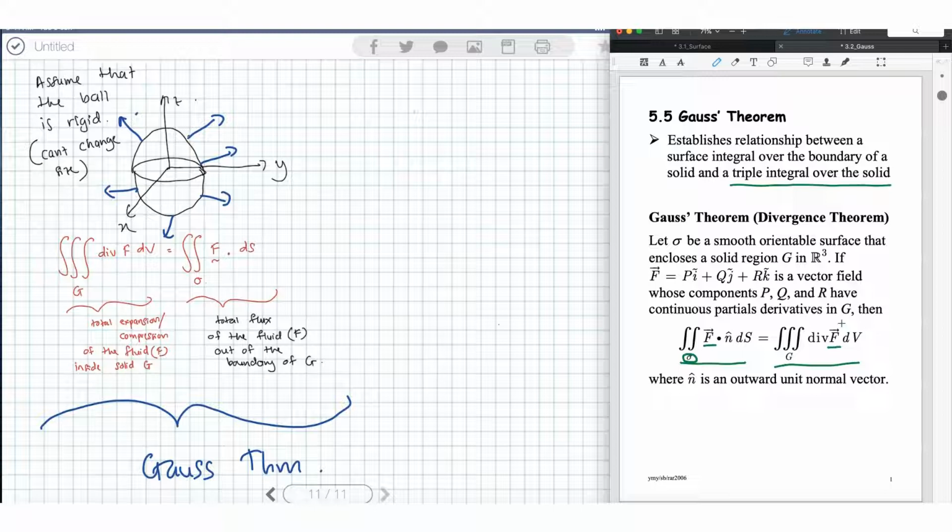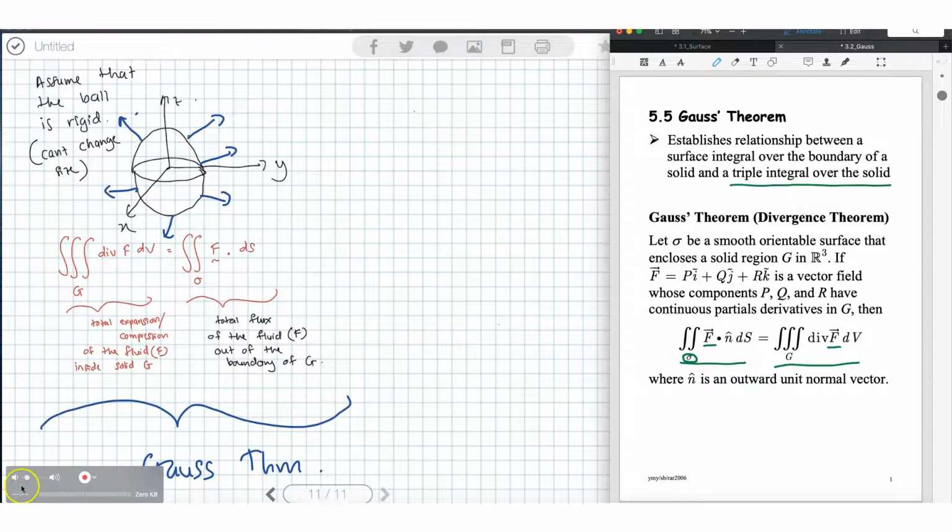If your divergence, grad dot F, is 0, then the flow, the vector field or the fluid flow, is incompressible. But if it is positive or negative, it can be a source or a sink.